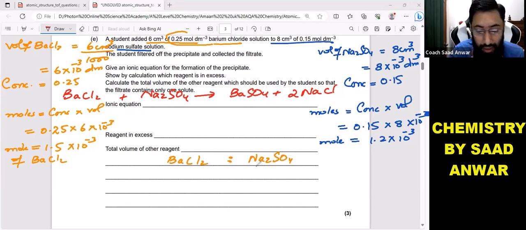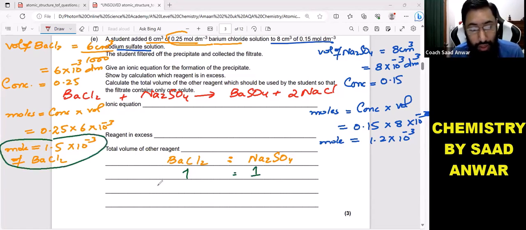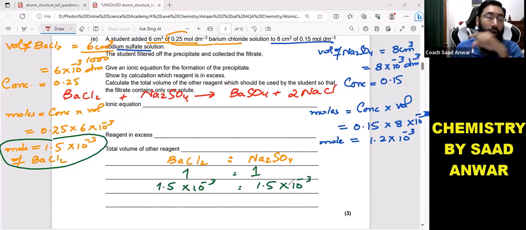From the balanced chemical equation, barium chloride is 1 mole and sodium sulfate is 1 mole. So when I use 1.5 into 10 raised to power minus 3 moles of barium chloride, I obviously need 1.5 into 10 raised to power minus 3 moles of sodium sulfate.